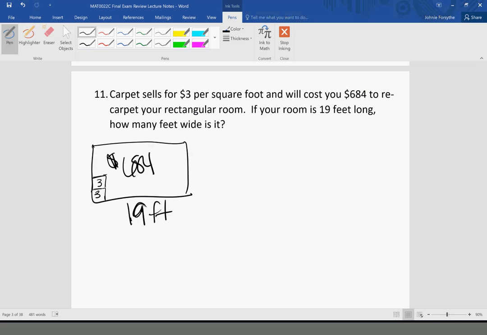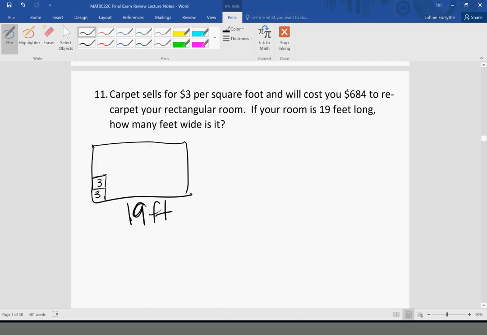Okay, so let's think about it like this. If it's $3 per square foot and it'll cost you $684 to recarpet the rectangular room, we can use that information to figure out how many square feet the room is.